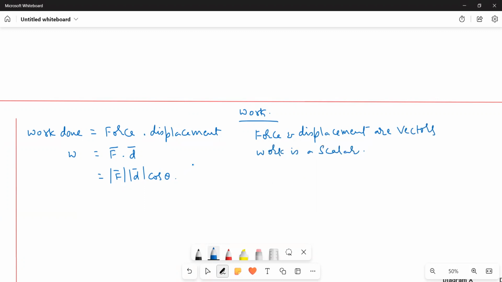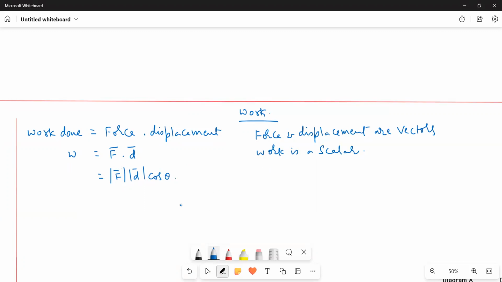Here we are multiplying the force and displacement with a dot, which is called the dot product of vectors. A dot product of vectors always gives a scalar. So force and displacement are vectors, but when we multiply them with a dot, we get the work, which is a scalar.